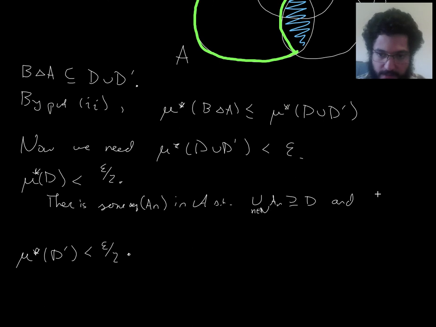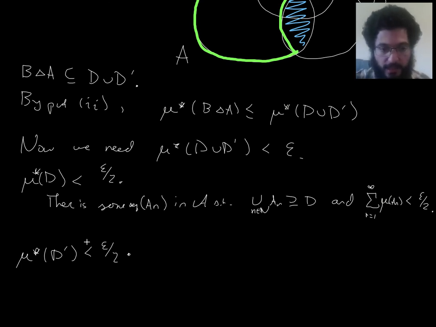So the series of mu of A_n from n equals 1 to infinity is less than epsilon over 2. When I make this statement, that includes the assertion that the series also converges.